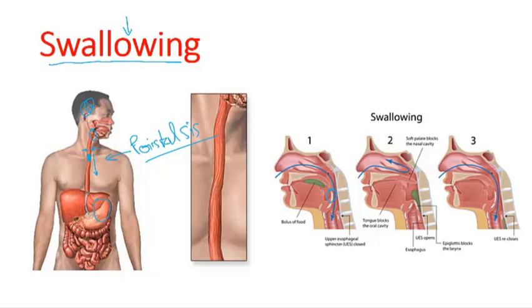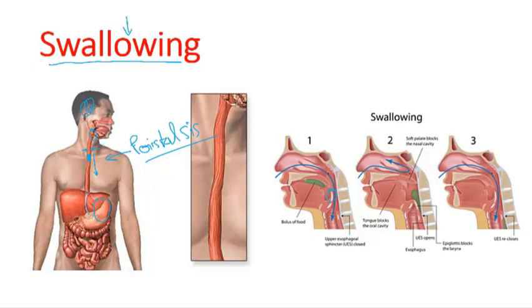The nasopharynx and the esophagus are placed very close to each other, and if a part of the food particle enters the nasal passage, it can block our airway, which can lead to choking and even death.